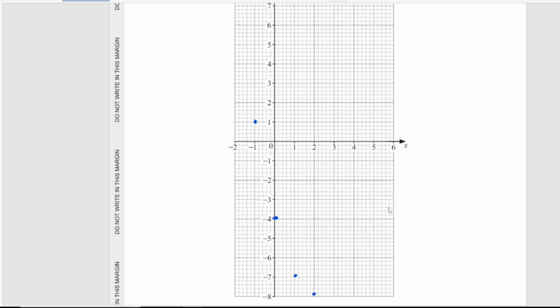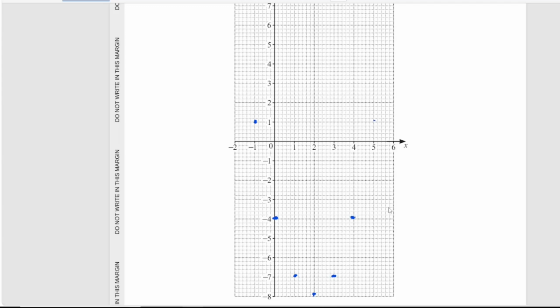So the values repeat and they begin to rise. So then we have 2, -8, and next is 3, -7 over here. Then 4, -4 here. Next is 5, 1.